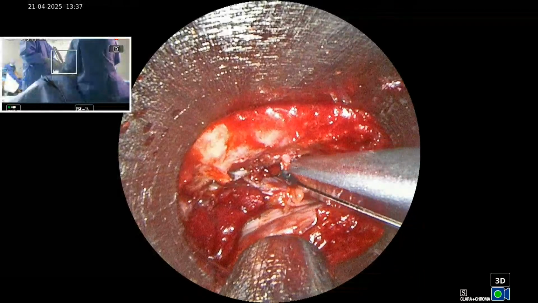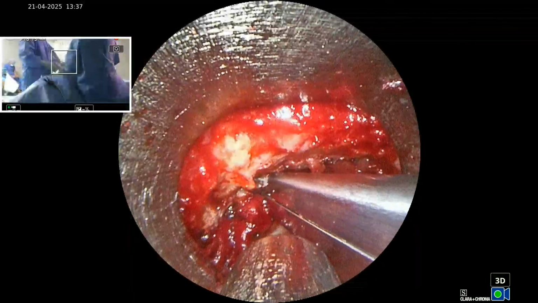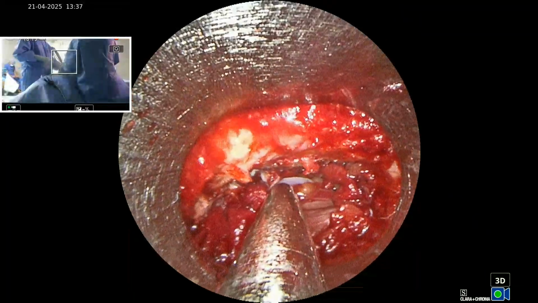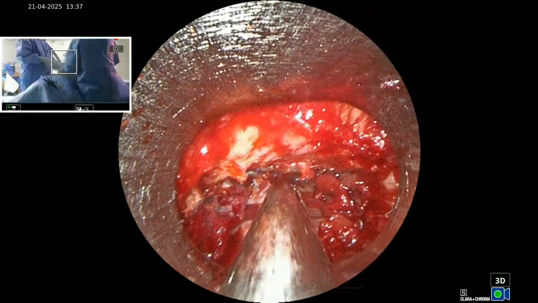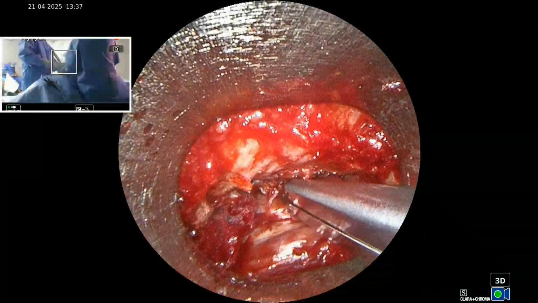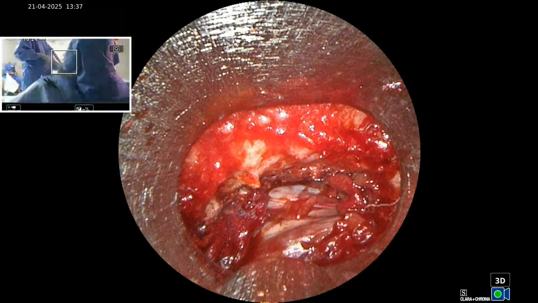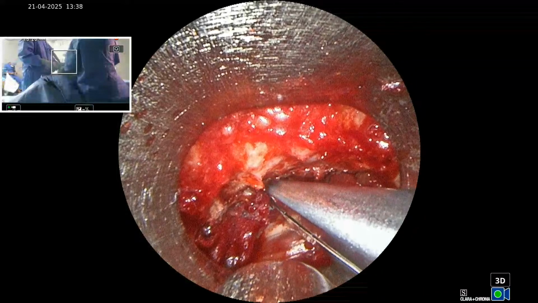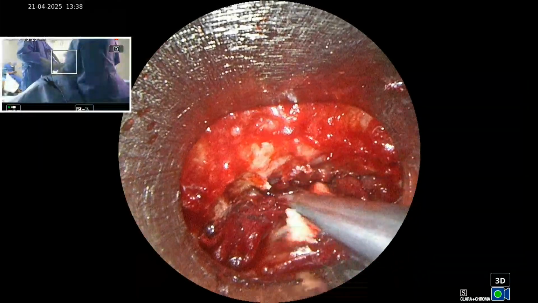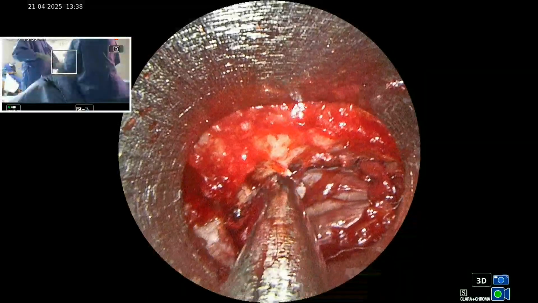My nerve root here. Now my tension angle is protecting and pushing my nerve root medially. I am going to the foramen now. This is the foramenotomy, yes, with a nice bone, the deroofing of the foramen.